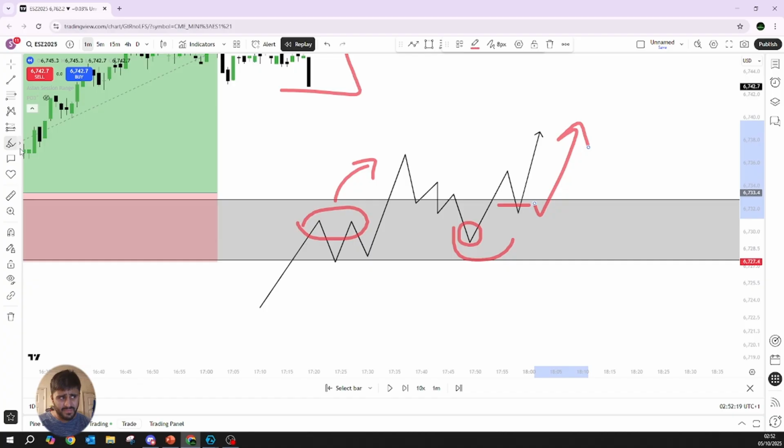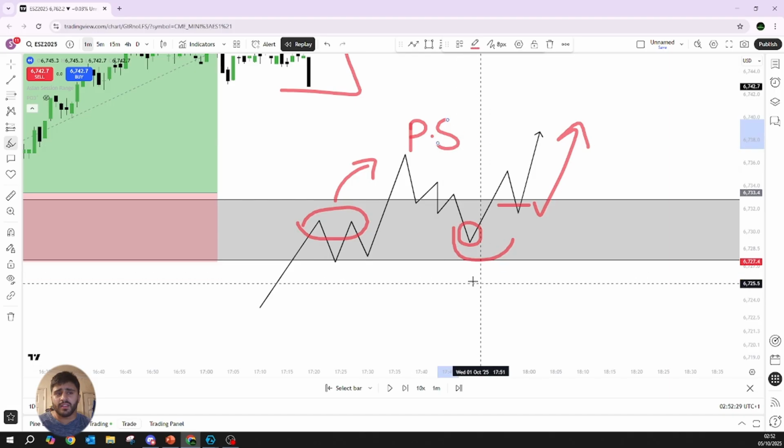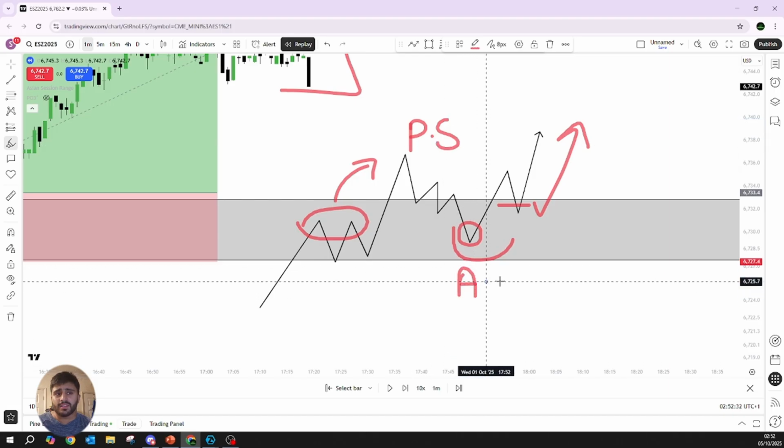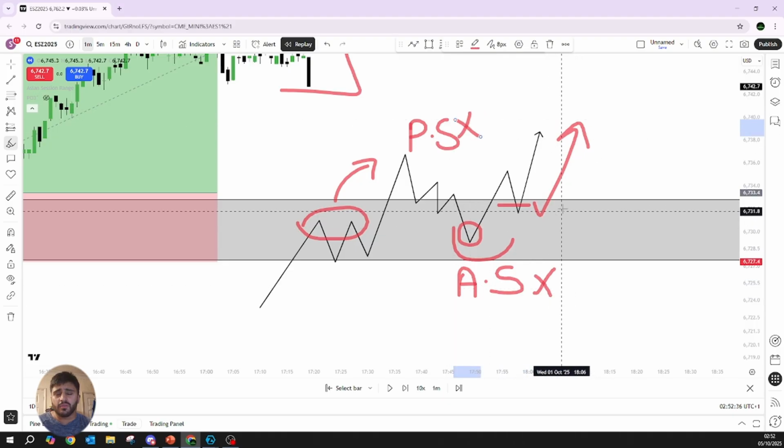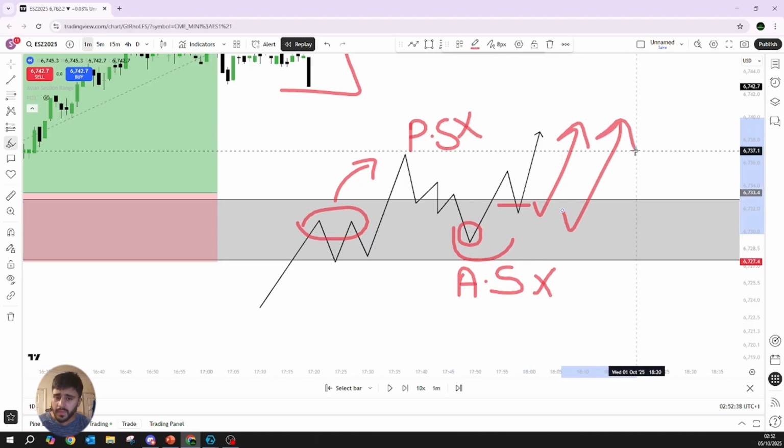So in this entire process, what's going on is we see passive sellers failing. So here we have passive sellers failing, and here we had the aggressive sellers also failing. So if both of these fail, that means your only option is to buy. So that's how order flow is used with ICT fair value gaps to find key level entries using order flow.